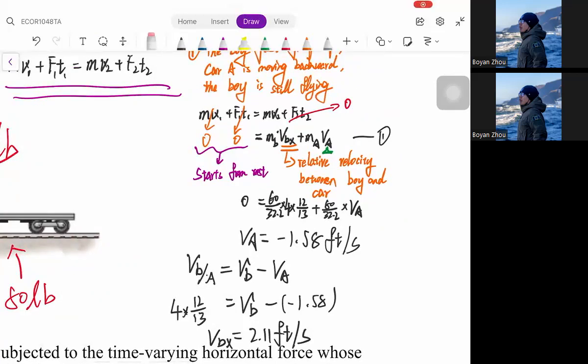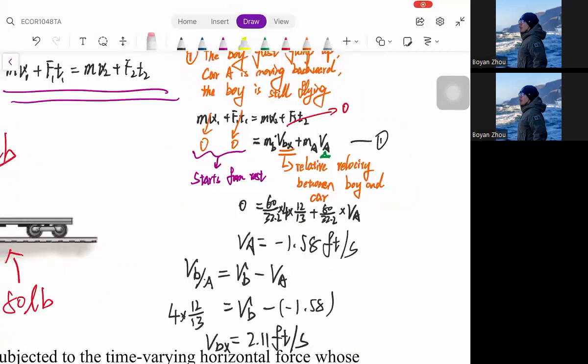I'm just going to change the notation on the top a little bit. Oh wait, actually never mind.